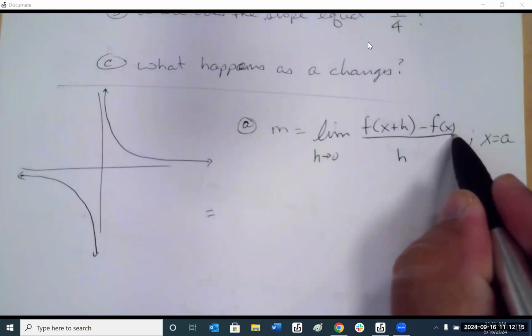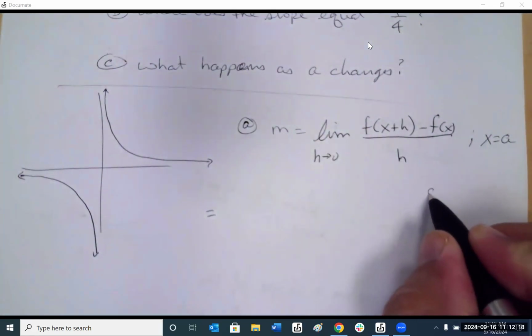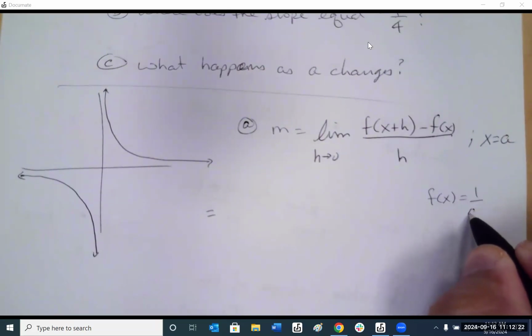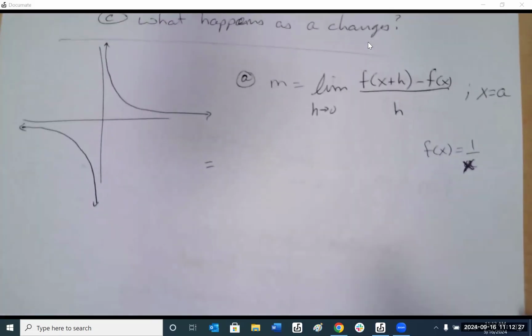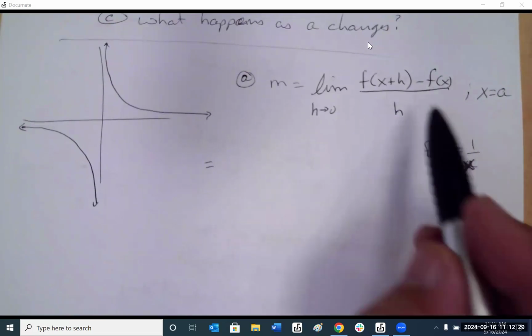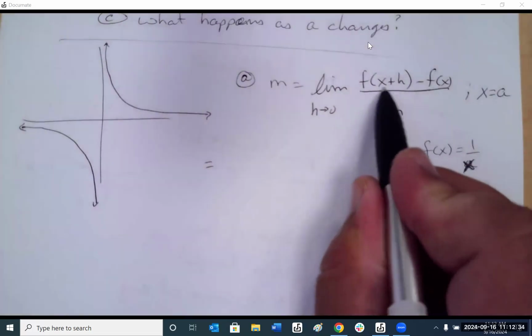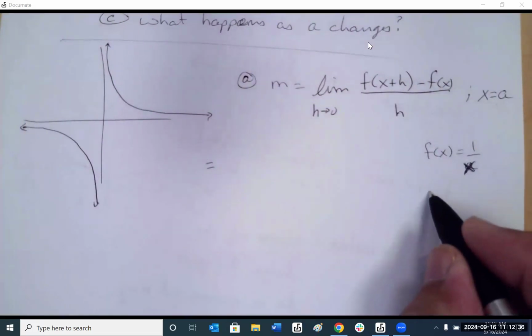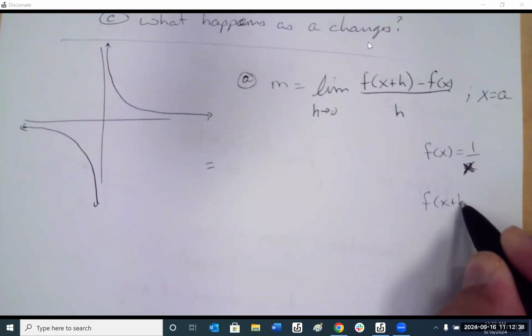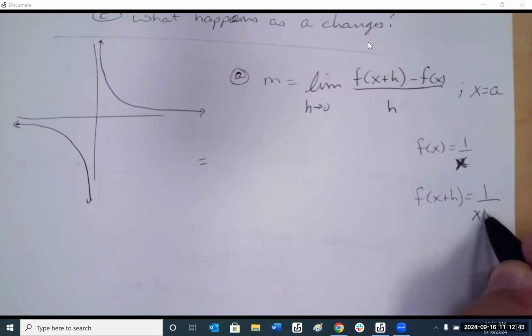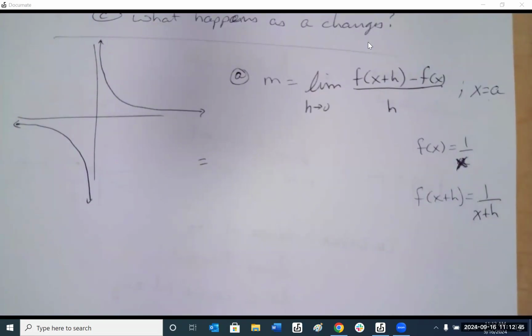So we have the f of x. f of x is equal to 1 over x. I'm going to put that in shortly. To use this equation, what else do we need? We need the function x plus h. So it's 1 over x plus h. Now we can plug everything into the equation.